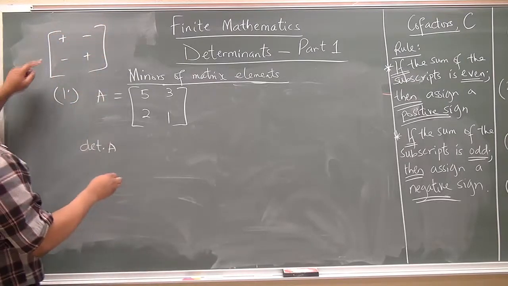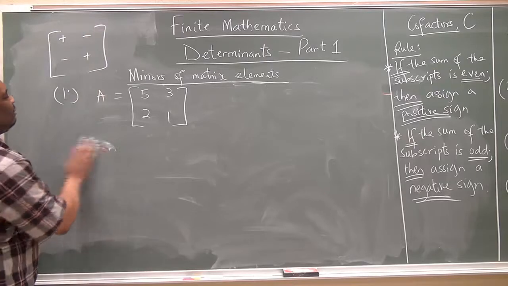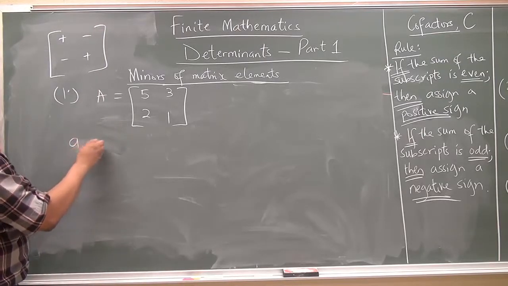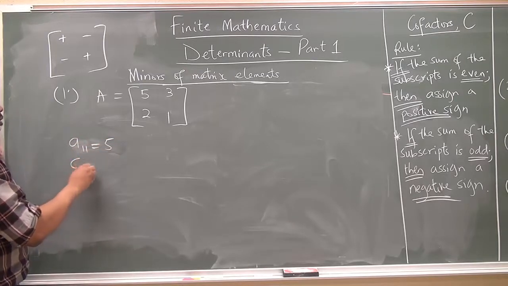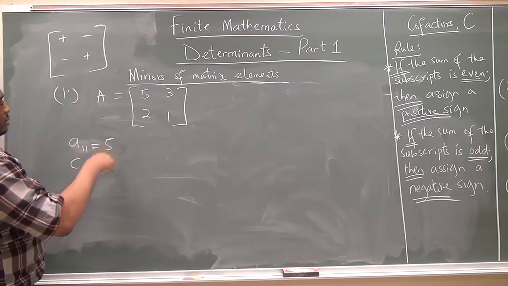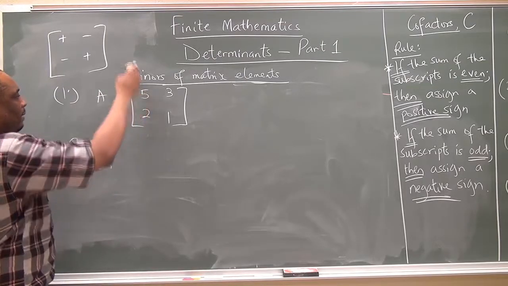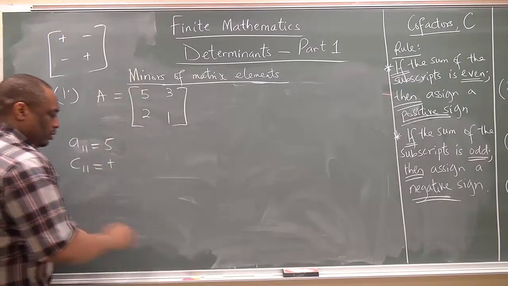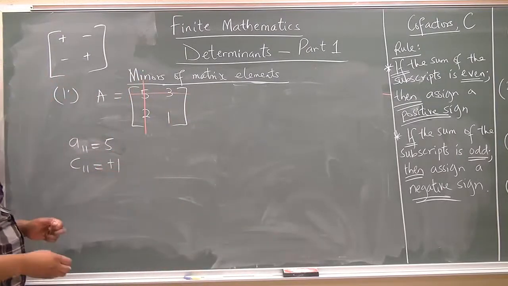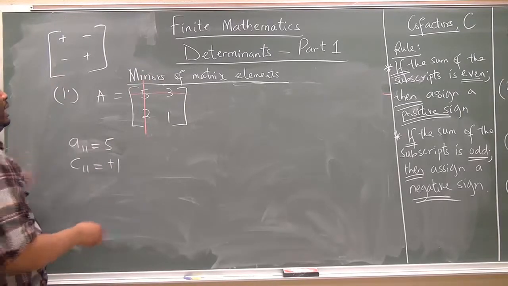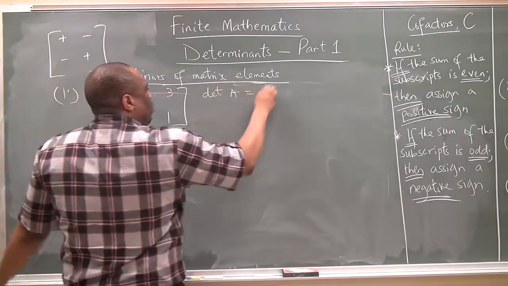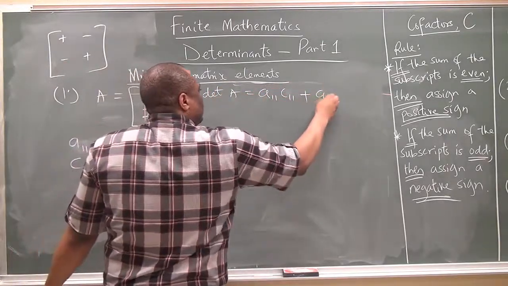So if you want me to break it down, I have that A11 is 5, and C11 will be plus, because 1 plus 1 is 2. When you cross this out, you have 1. So C11 is 1. Then remember that the determinant of A will be A11 C11 plus A12 C12.